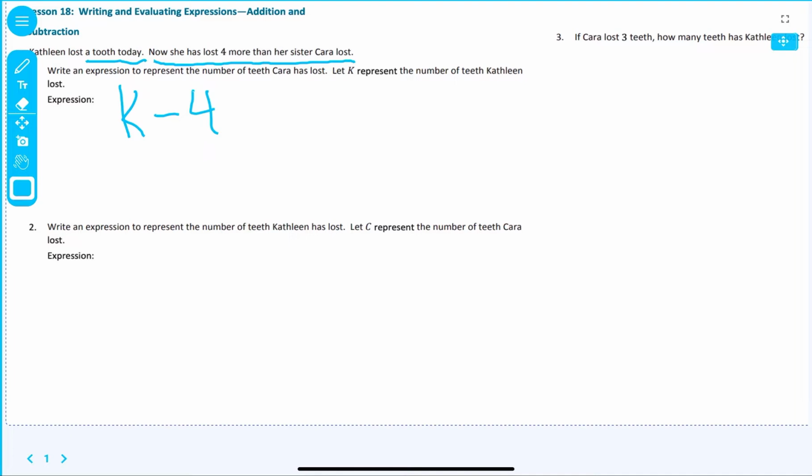Well, we know that Kara has lost 4 less than Kathleen, right? So this is equal to C, right? But now we want to know K, how many Kathleen had lost.